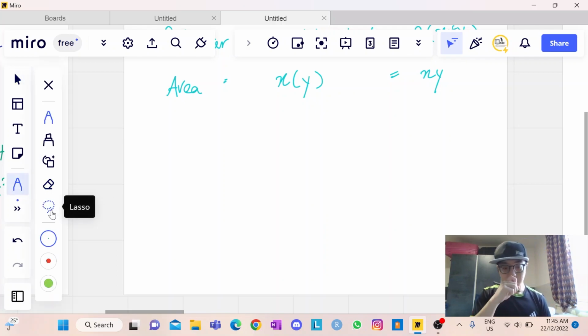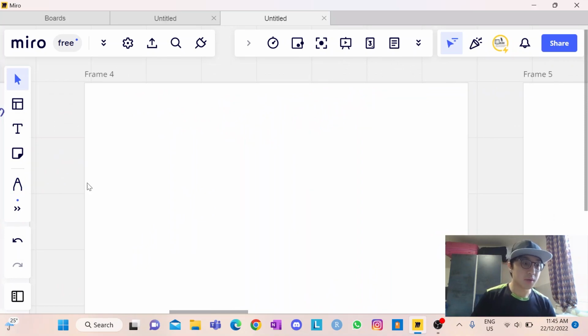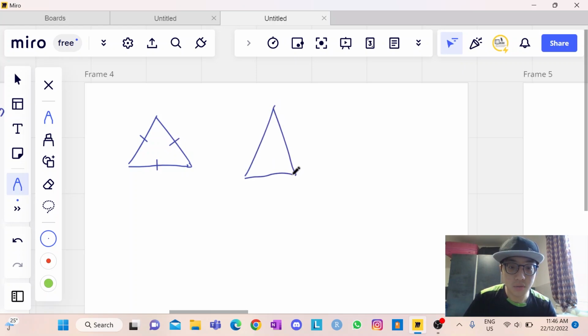There are different types of triangles, but all of them actually yield the same formula, I can say. So I'm gonna draw this, let's draw at the next page. Okay, so this is an equilateral triangle, so all of these lengths are the same, and this is an isosceles triangle where only these two are the same.